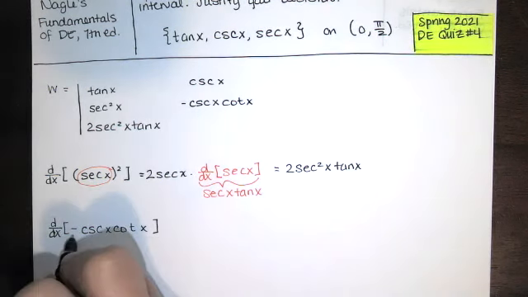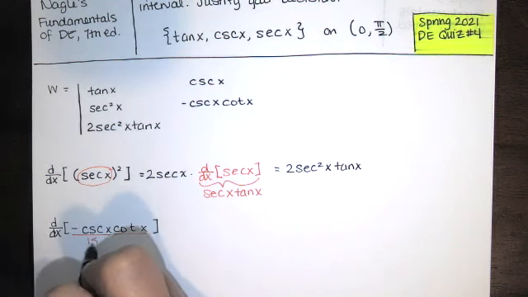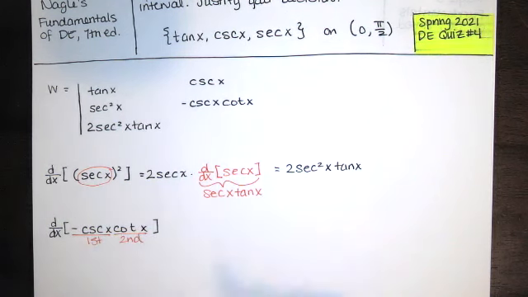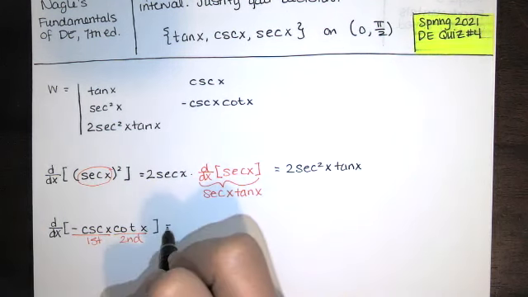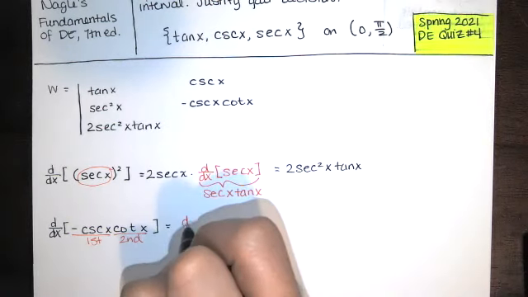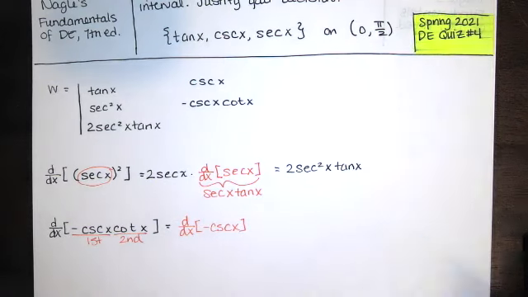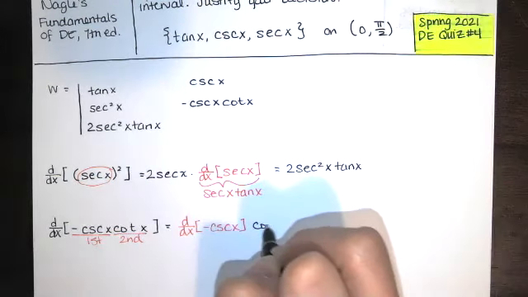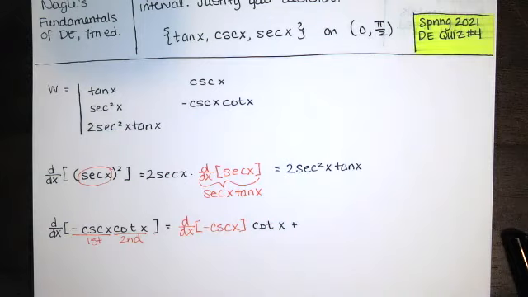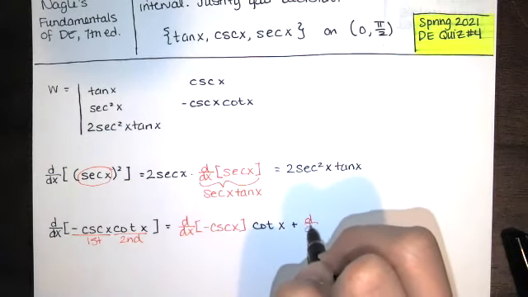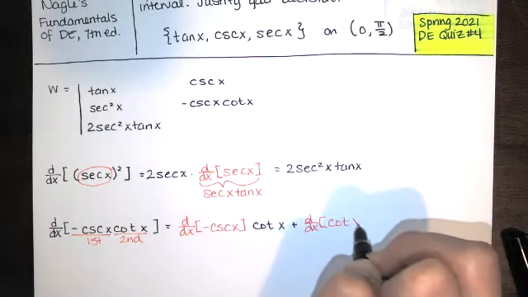So I'll think of this as my first function, and that over there is my second function. So according to the product rule, we'll get the derivative of the first times the second, undifferentiated, you just leave it alone, plus the derivative of the second times the first.